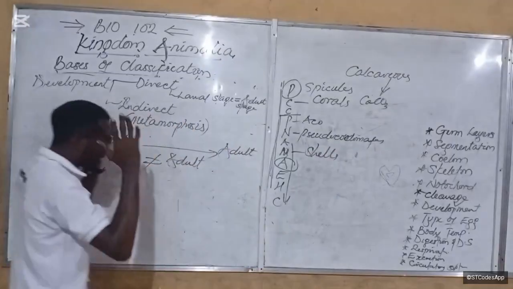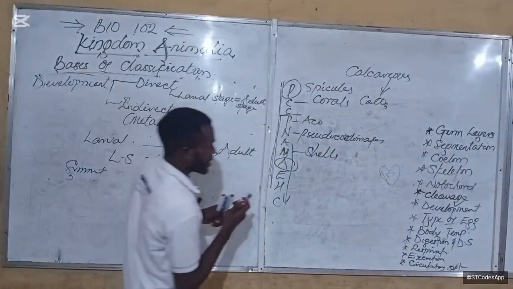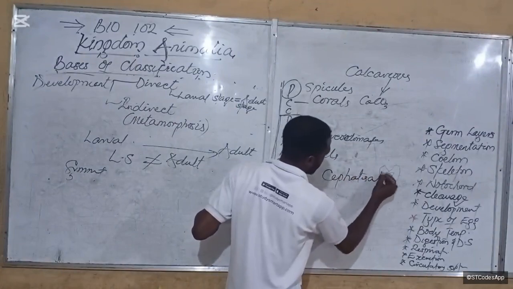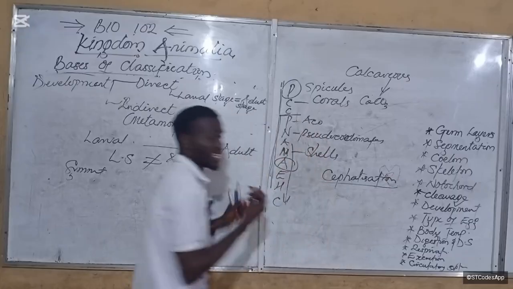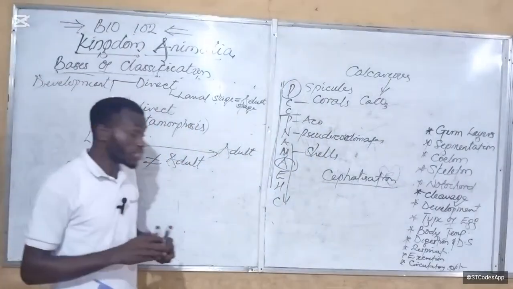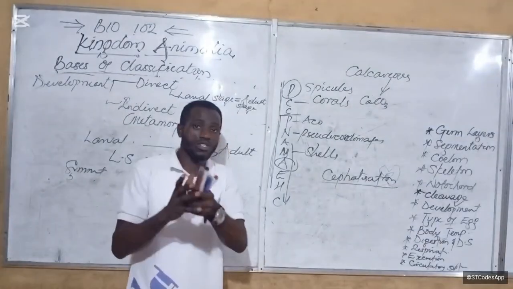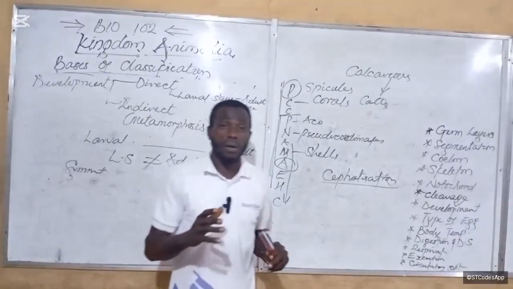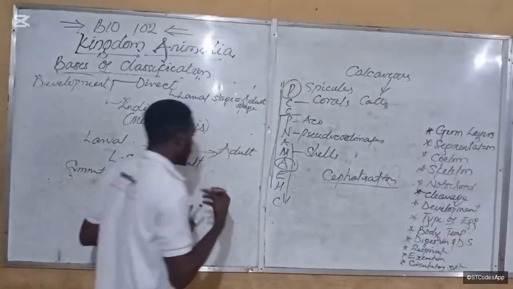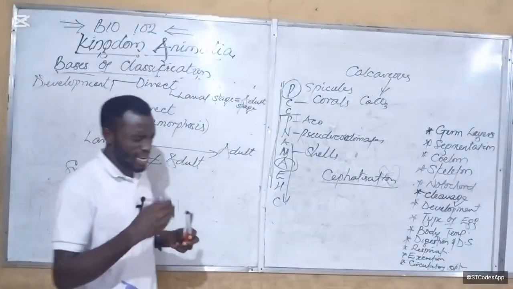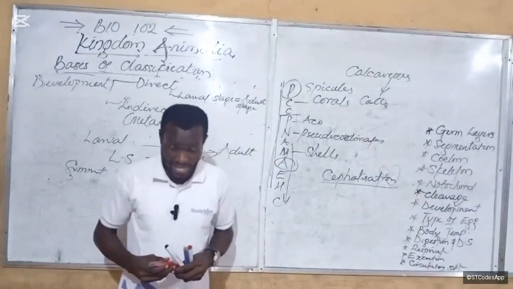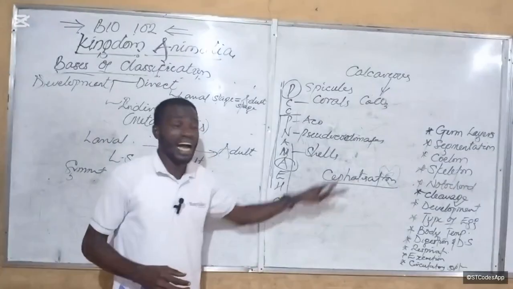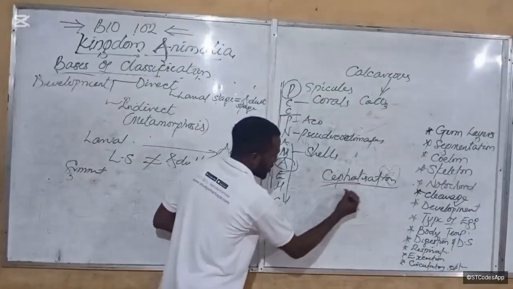But cephalization, I didn't mention that. Cephalization is part of the basis, or features, of classification, basically. Cephalization came as a result of bilateral symmetry, so we call them bilaterians.